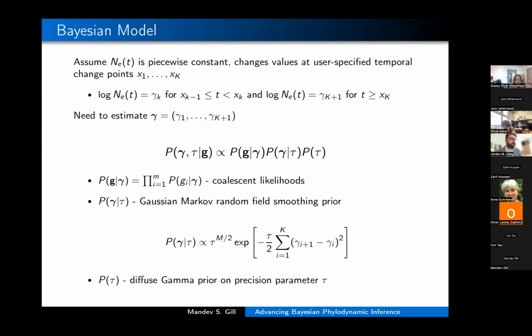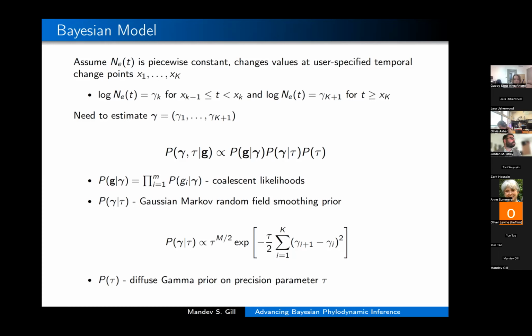So the ingredients of the Bayesian model then are coalescent likelihoods for the observed genealogies. So we're assuming we observe the genealogies for the moment. And then a Gaussian Markov random field prior distribution on the effective population size.